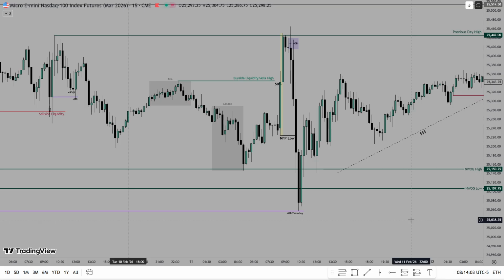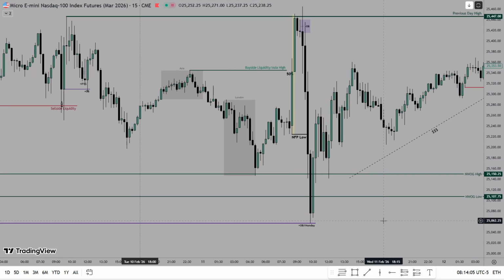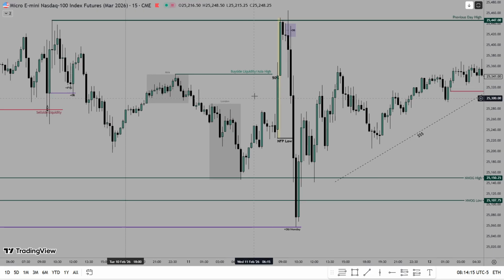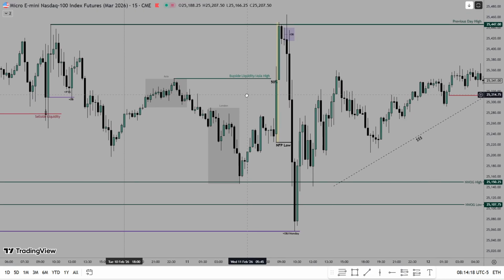As I told you before, I mark this Asia range. This is the London. Took out this, closed inside this, and traded to this Asia high. This was the easy one. I was keeping an eye on the time, but based on my rule, I don't take any trade before 9:30. So I didn't take any.